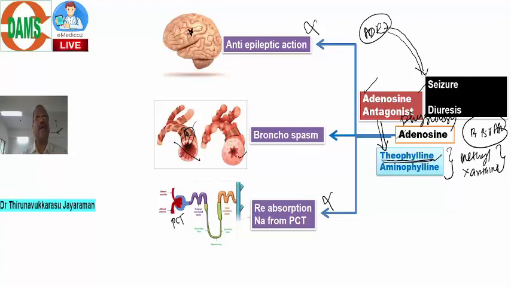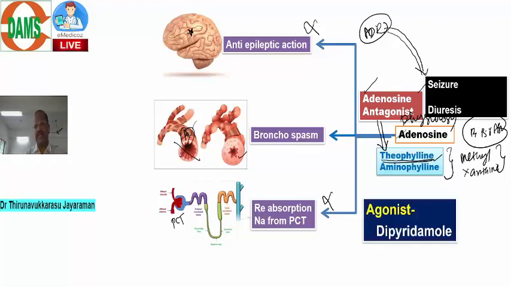Because of blocking adenosine receptors. In overdose, theophylline blocking adenosine action in the brain causes seizure, and blocking adenosine action in the kidney causes diuresis. Okay. Next point. We have one drug called adenosine agonist called dipyridamole.